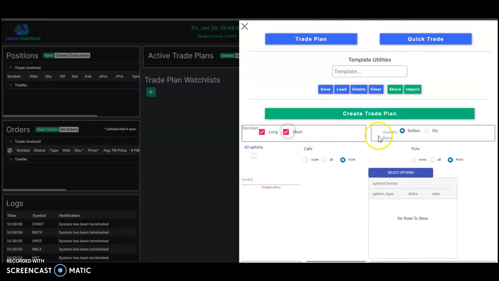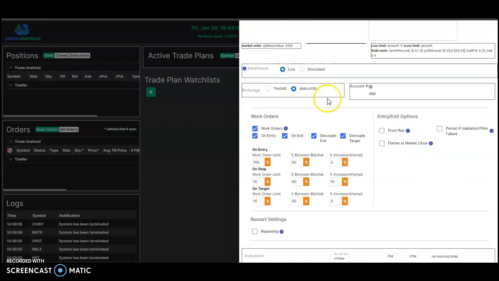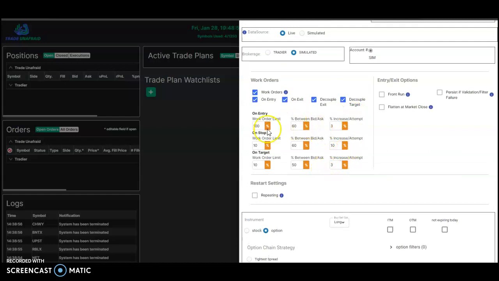So this will be long and short. I'll be using dollars, sim, live data source. On entry I like to sit on 60%. On exit, on stop, which is stop loss or flatten, this is okay.